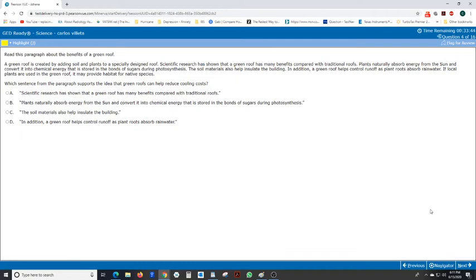Okay, so let's go over it again. A green roof, blah, blah, blah. It says plants naturally absorb energy from the sun and convert it into chemical energy. Oh, that's great, but that doesn't help you cool a place. The soil materials help. Oh, look at this. They help insulate the building. Well, insulation is one key component of keeping a building warm or cool as needed.